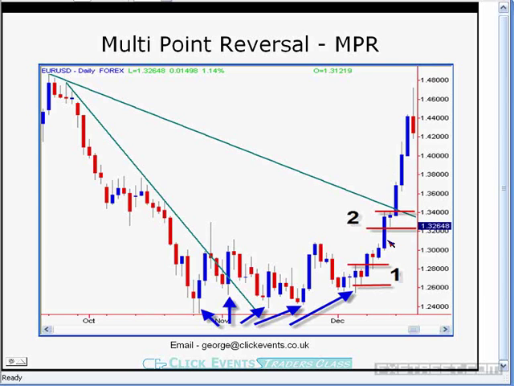So this sort of pattern does lend itself to scaling in to build up a position. But at the same time, as momentum dies, partial profits can be taken. And in a subsequent session, I'll be going into money management in somewhat more detail.